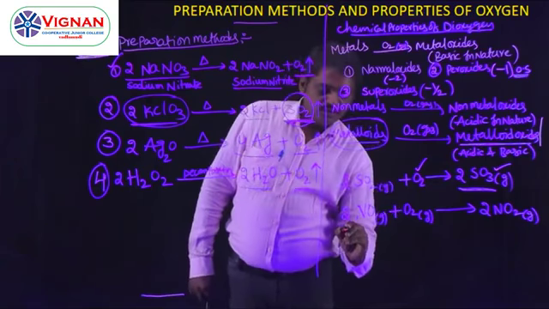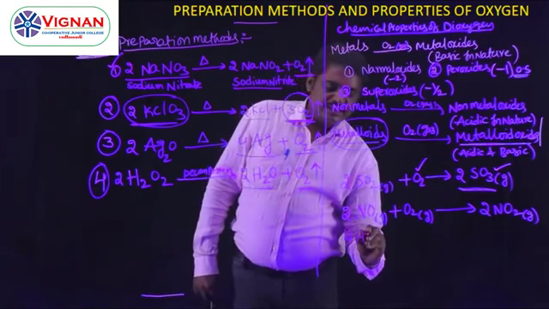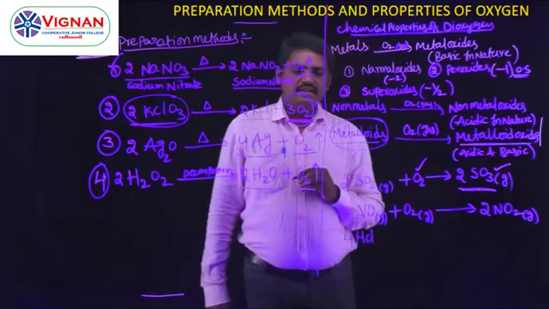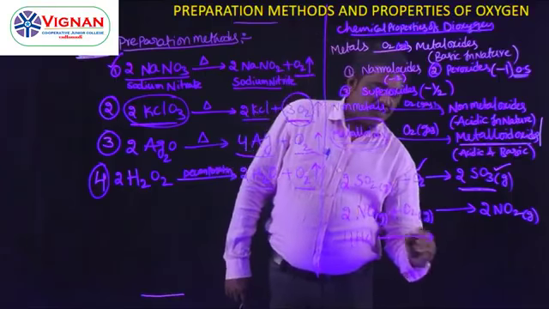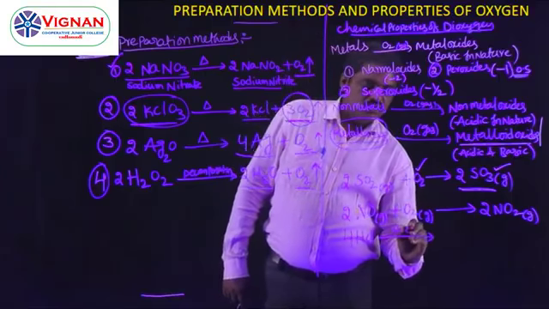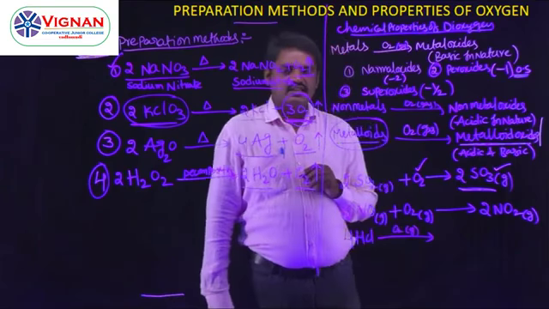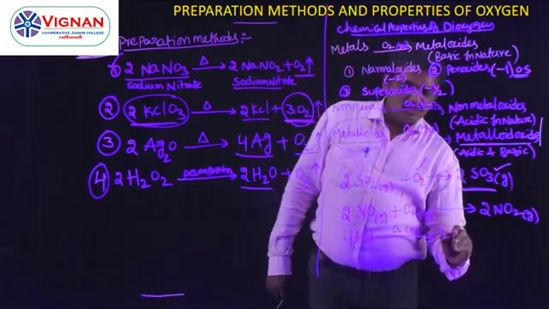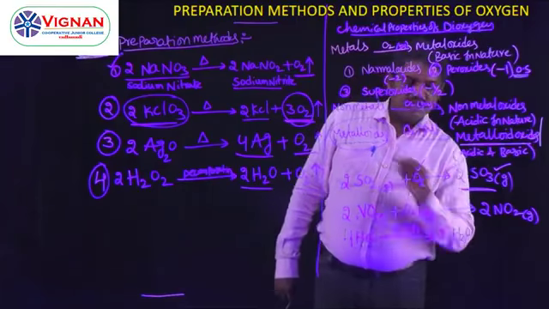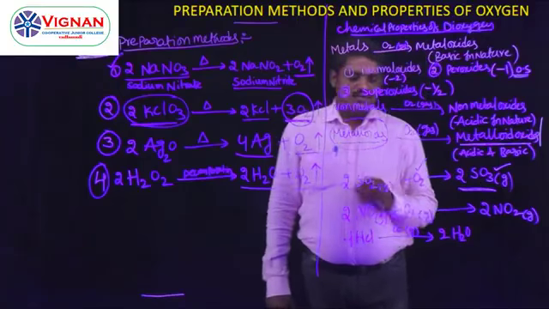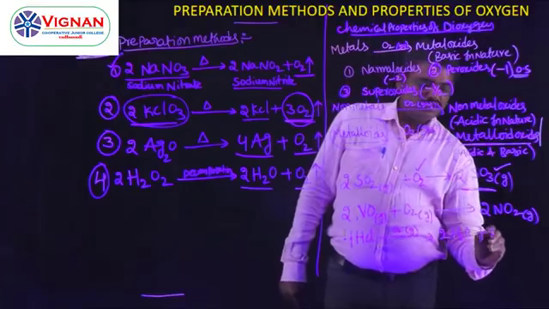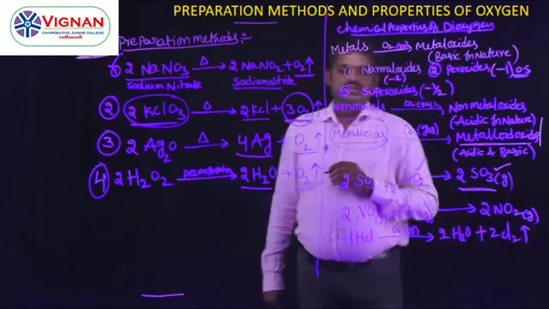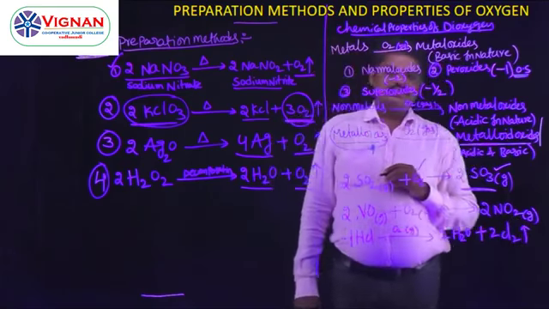For example, 4 moles of hydrochloric acid react with oxygen gas to produce 2 moles of water, and 2 moles of chlorine gas is liberated.